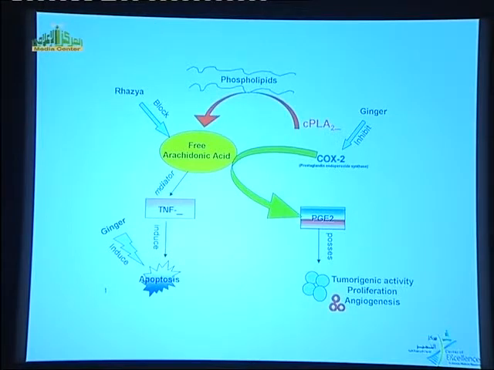Cyclooxygenase 2 acts on free arachidonic acid to make prostaglandin E2, which promotes tumorigenicity, proliferation, and angiogenesis. So high expression of COX-2 is a bad prognosis, and this is by immunohistochemistry.